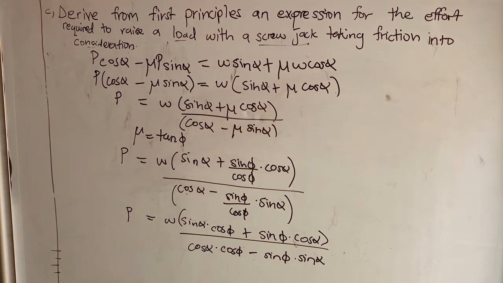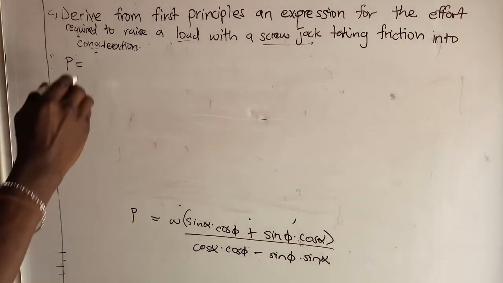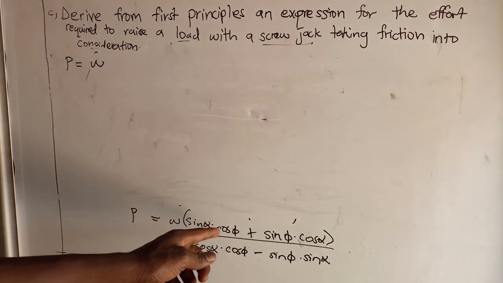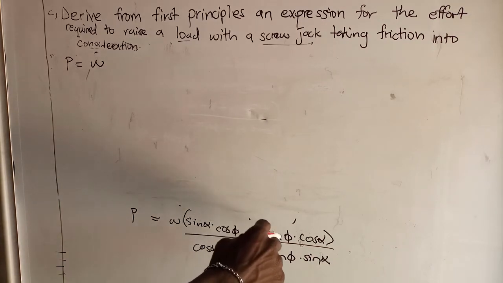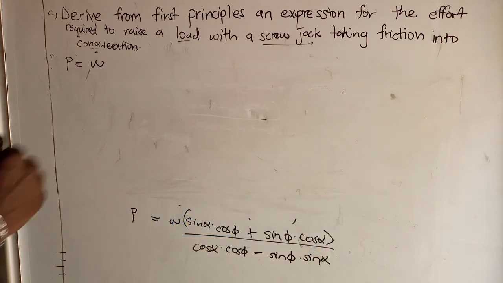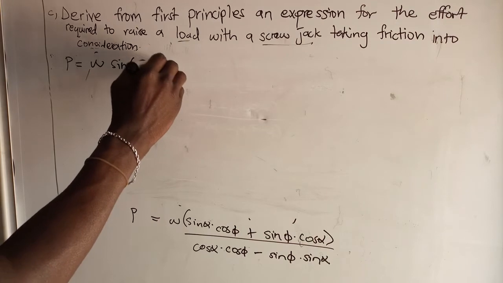So as we reach this level, I think someone can see an identity there. What we have is P equals W, and sine alpha times cos phi plus sine phi times cos alpha is the same as sine of alpha plus phi.